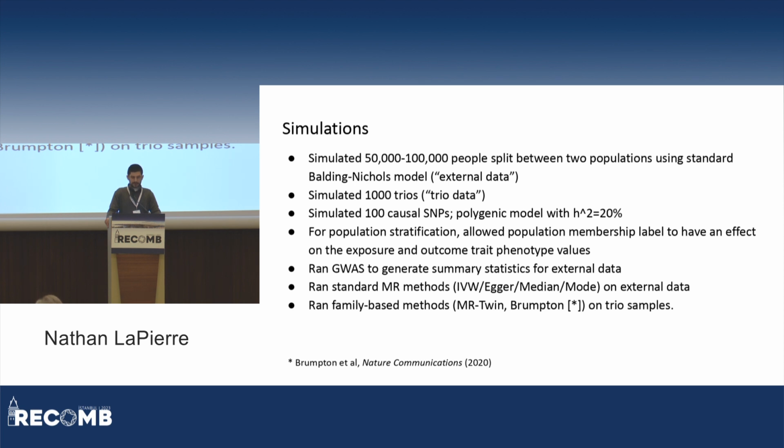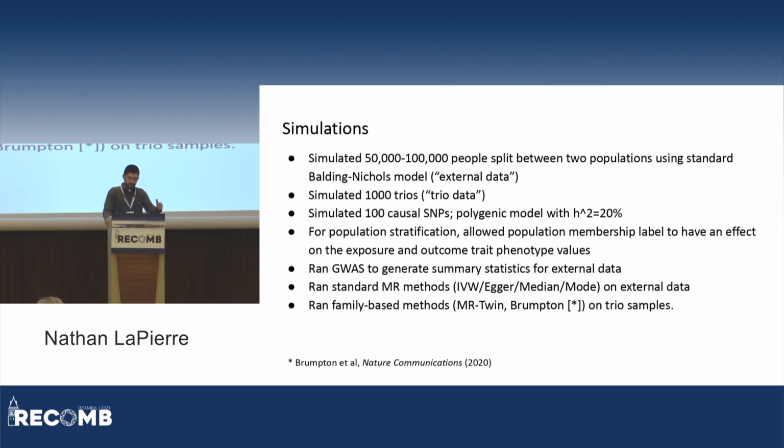Okay, so that's the basic high-level overview of our method. Now I'm going to talk a little bit about our results. Sorry for this heavy text slide, but it just describes our simulations.